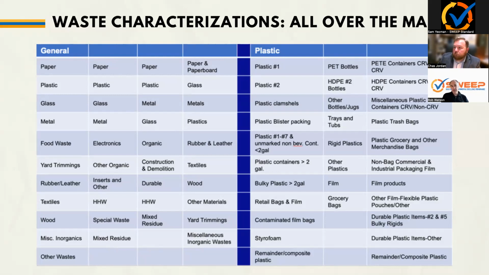So one of the things that's really exciting is some of the Holy Grail stuff coming out of Europe, where materials are going to have a digital watermark on them, so those might be able to be scanned with handheld things, which will strongly facilitate waste characterizations, enabling things to be measured and characterized at the MRF level.